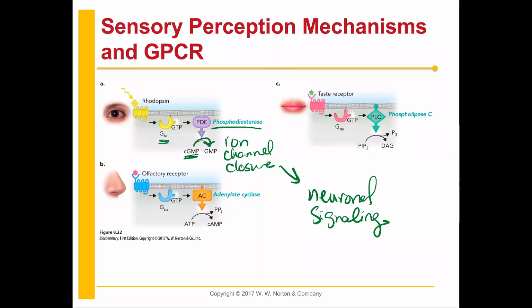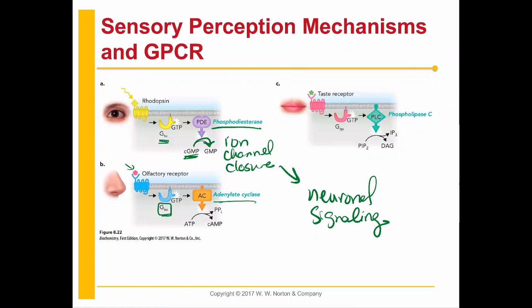For scent, for olfactory receptor, you're going to have some kind of odorant, a particle. That's what this pink thing is. And it's going to bind to our olfactory receptor. It's going to stimulate the GS alpha G protein. That's going to stimulate adenylate cyclase.